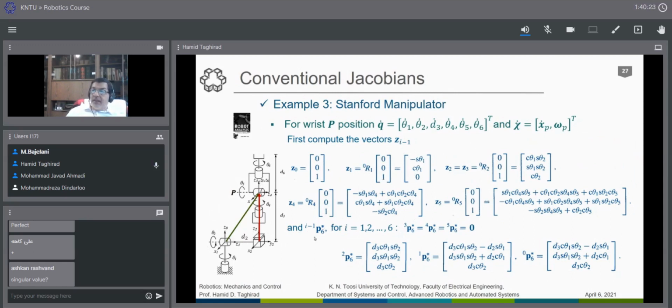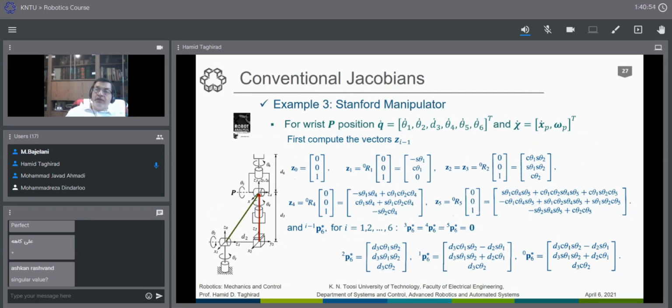Now we should find the P stars, which are more complicated here. To find that, P_6 to P_{i-1}, since we are using P at this point, the ending points that come to here, we consider all of them 0 because we don't have any velocity on top of that. We are using this point as the only P_6; through 2, 1, and 0 shall be defined in here.